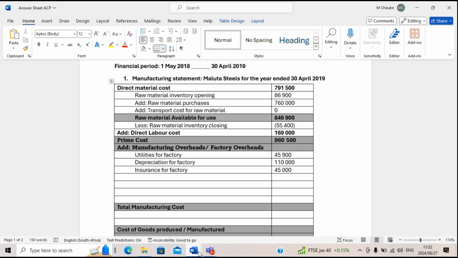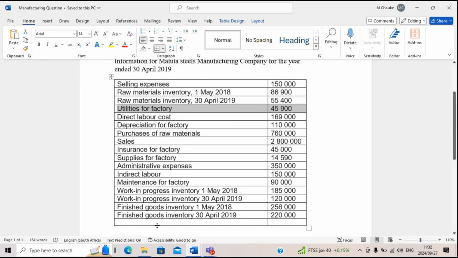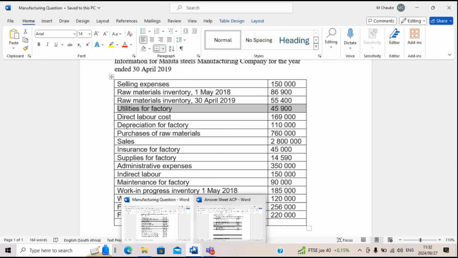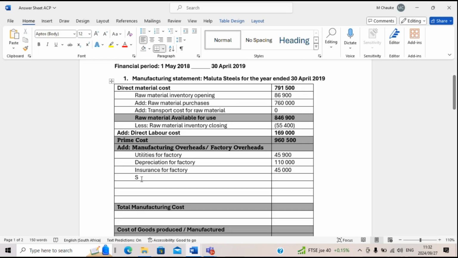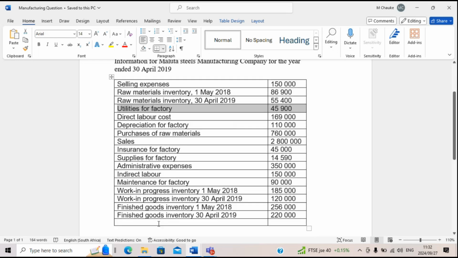And then let's check another expenditure for factory, supplies for factory. You can say factory supplies, you can say supplies for factory, no problem. Let's check how much our supplies for factory is.